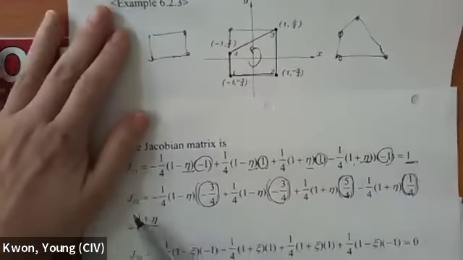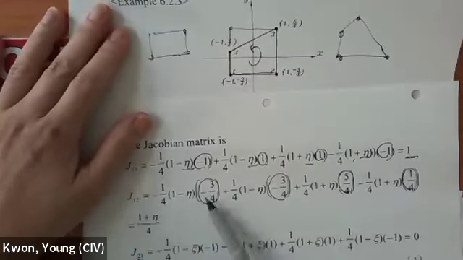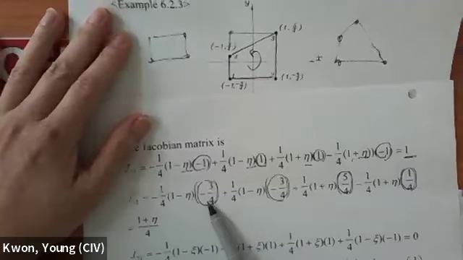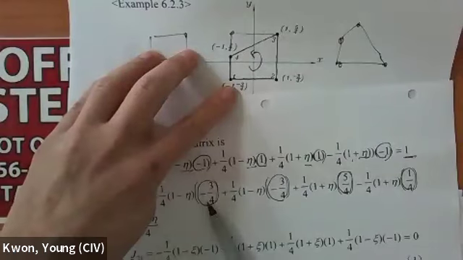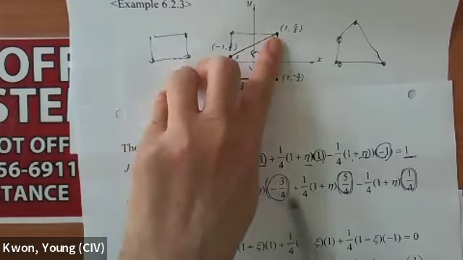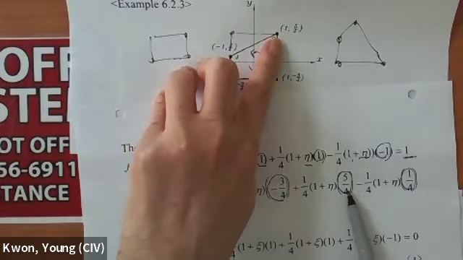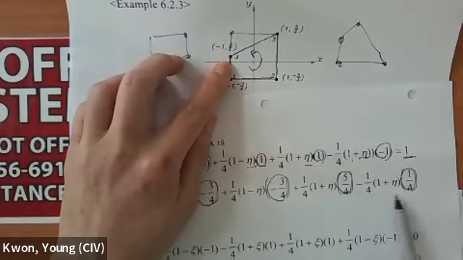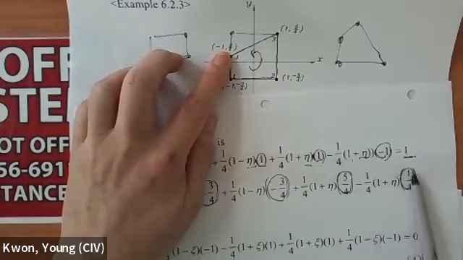But if you look at J12, that's going to involve the y coordinates: y1, -3/4, y2, -3/4, y3, 5/4, and then the negative x of 4 is going to be 1/4.